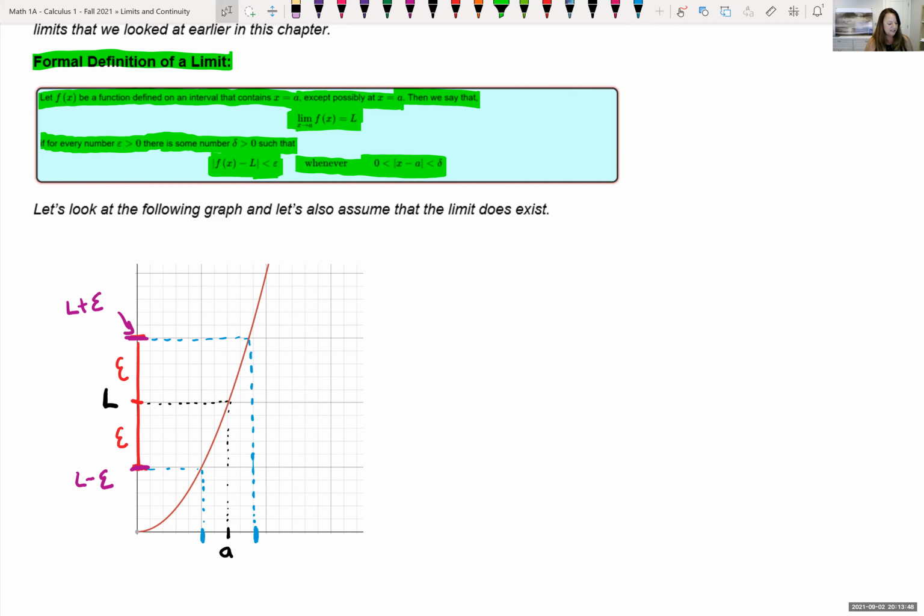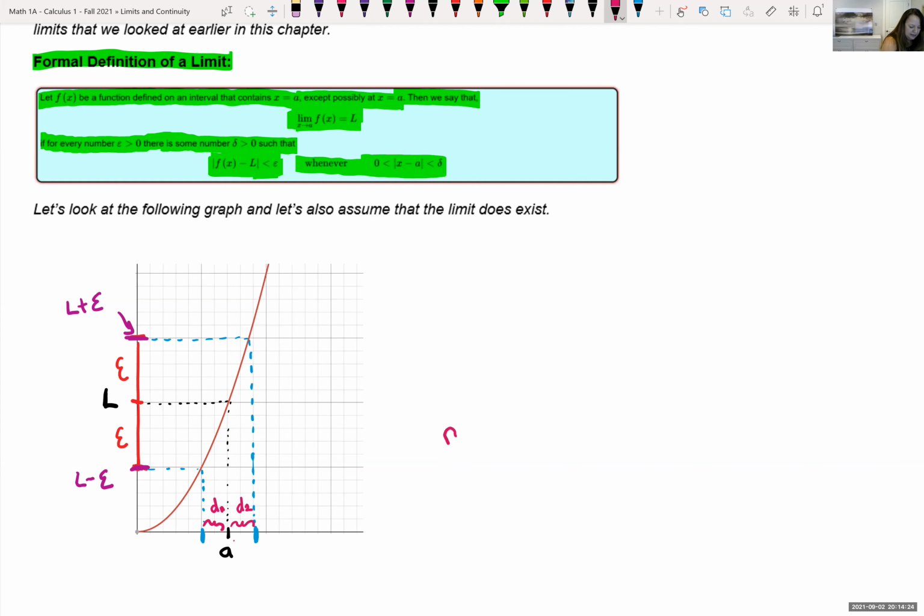So this is saying we're going to find some delta that's always going to get us in that neighborhood of L minus epsilon and L plus epsilon. Let's call this distance 1, because I don't know if distance 1 is the same as distance 2, and let's call this distance 2.